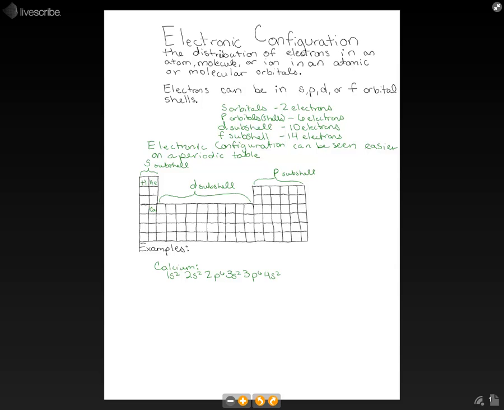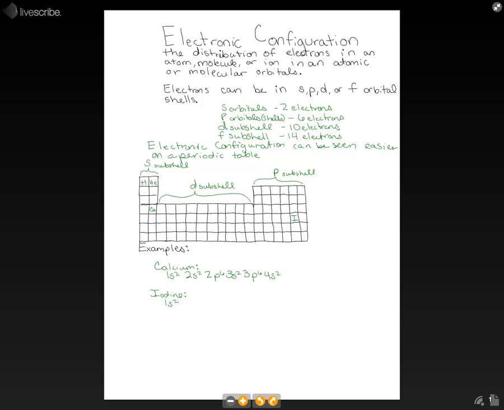Now let's do another one that's slightly more complicated. Let's look at iodine. So iodine on our periodic table is right here. So we're going to count through similarly, but we're going to stop halfway through, and we'll show you how that's going to be different.